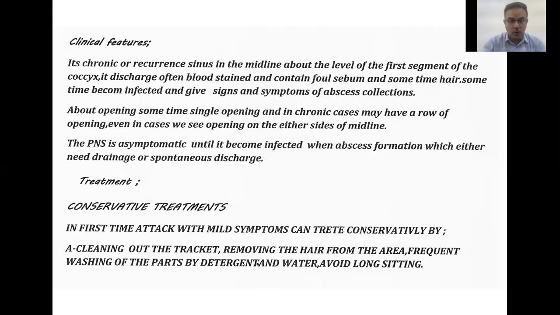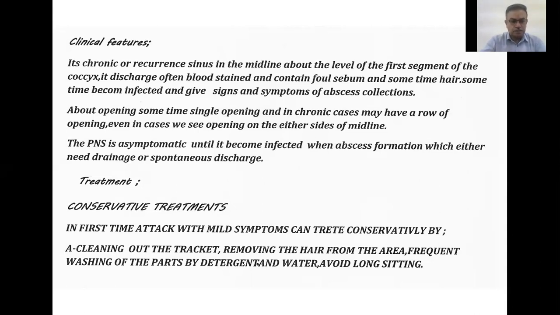So the pilonidal sinus is a chronic recurring sinus at the level of the coccyx, discharging blood and sometimes pus, and when it becomes infected, there is a pilonidal abscess.